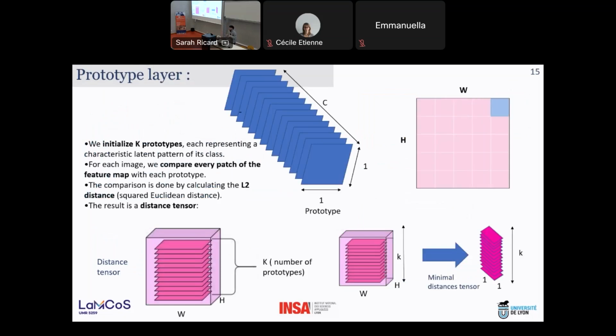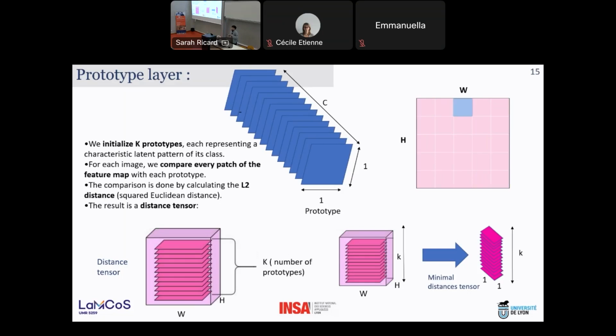Okay, so the next part of the model is the prototype layer, and this is the core idea of the model. Here we introduce a set of learnable prototypes that are updated after training. So we are working in the feature space now. We initialize a number of prototypes K, and we measure the resemblance of each prototype with each patch in the feature map.